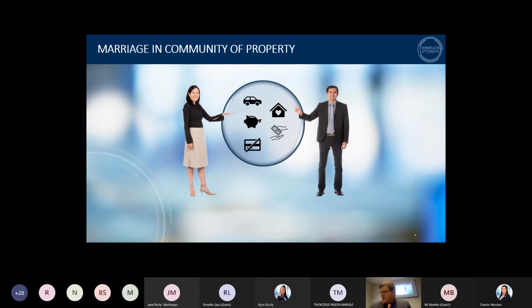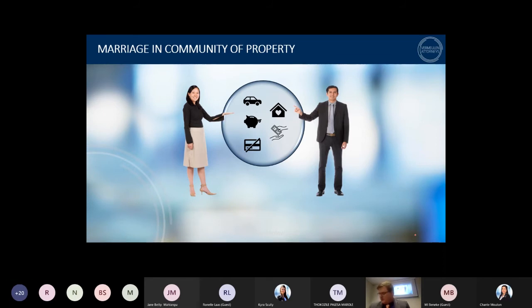There you will see the cutout people from Microsoft Office standing on the right and left, and incidentally, the people were chosen for their expressions and the hand signals that they make, not for any identifying particulars regarding race, religion, gender, etc. But here we have a couple, presumably married in community of property, with the one pot in the middle containing all of their assets and liabilities, namely a vehicle, a house, a piggy bank representing cash savings, the cash exchanging hands, representing your personal loans and unsecured loans and debt, as it were, and also the credit card at the bottom.